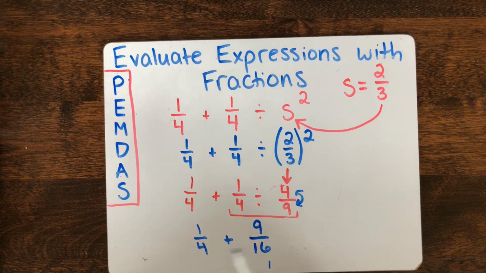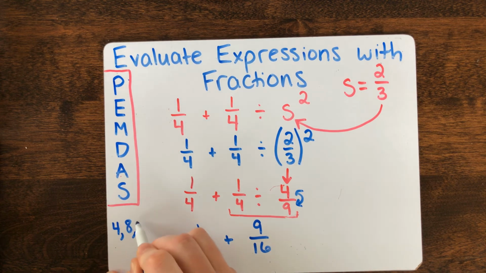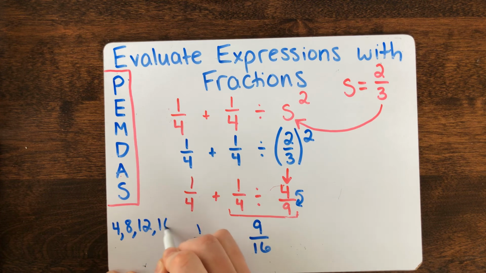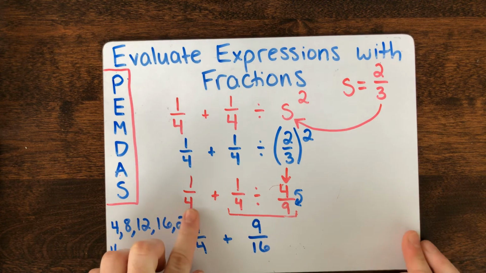So let's look at 4 and let's look at 16. You may know this, or if you're not sure, you can write the first 5 multiples of 4 and the first 5 multiples of 16. So I have 4, 8, 12, 16, 20. Then I have 16. I don't even have to go any further because I found a common denominator of 16.